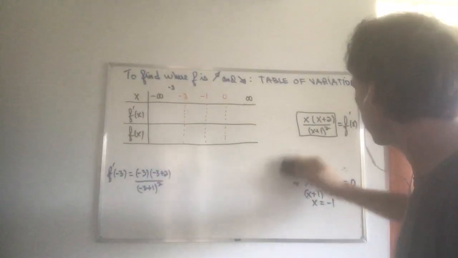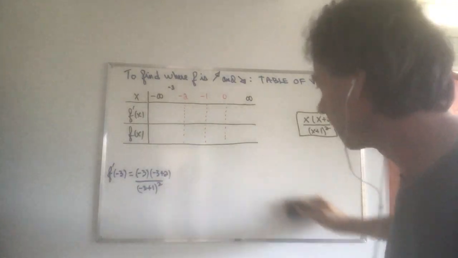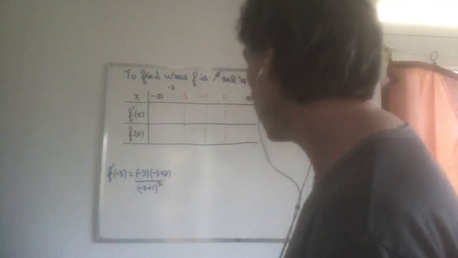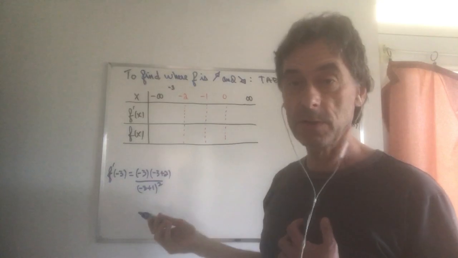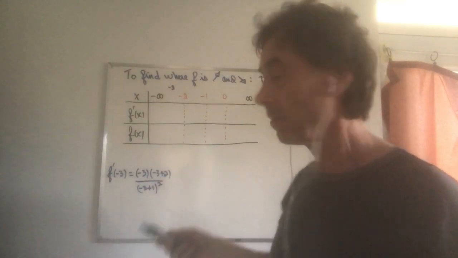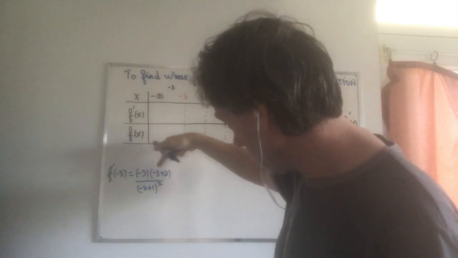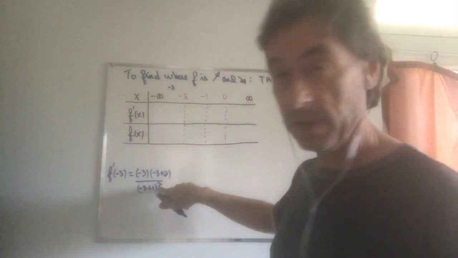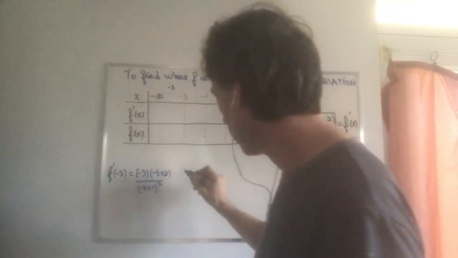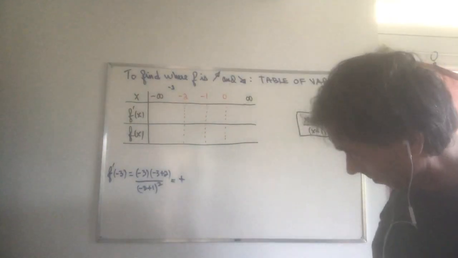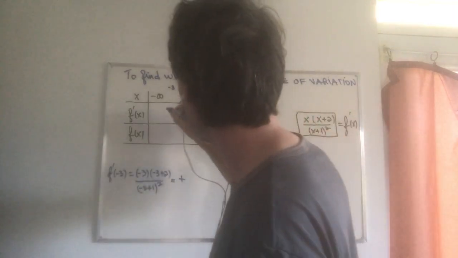We can actually get rid of that. So again, the answer to this number-wise is not important, but we would like to know the sign. So minus, minus, and the bottom is always going to be a plus because it's a square. So that is going to be a minus and a minus over a plus. It's going to be a plus right here.